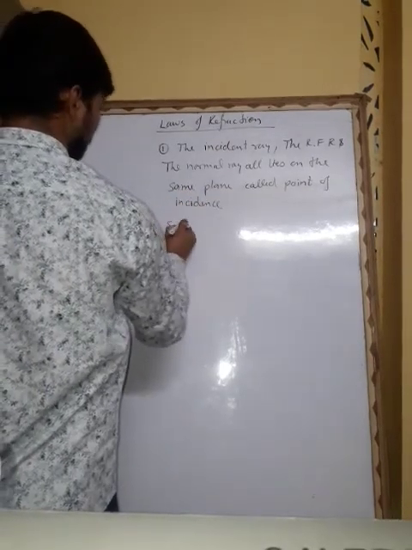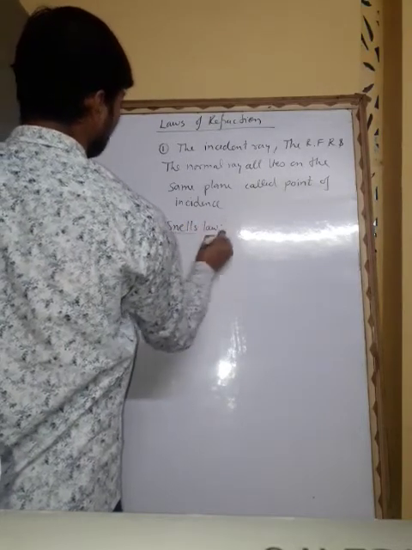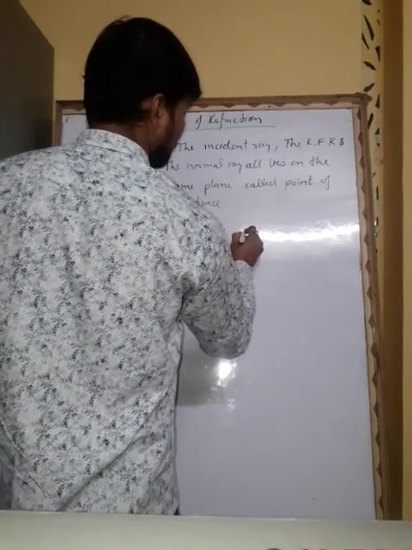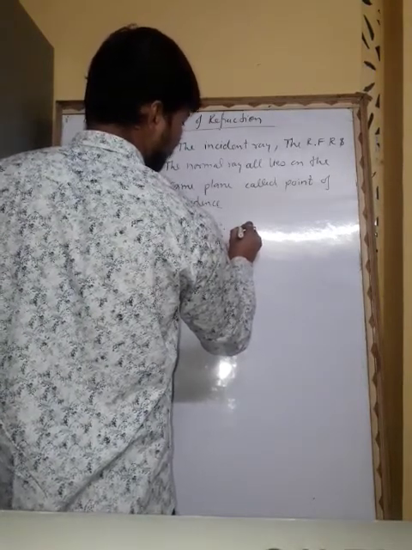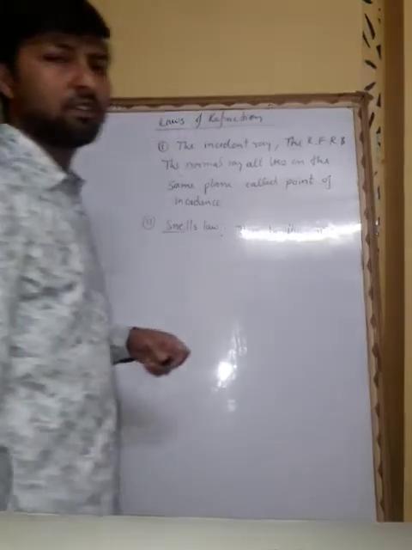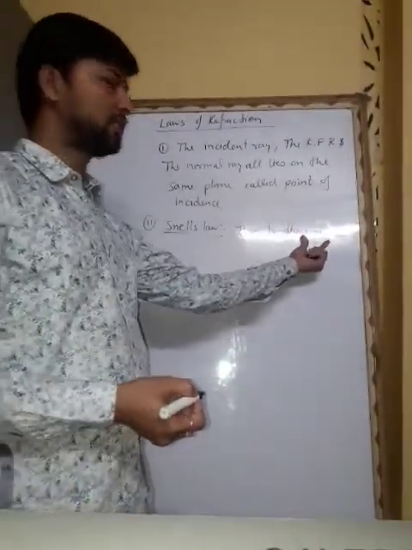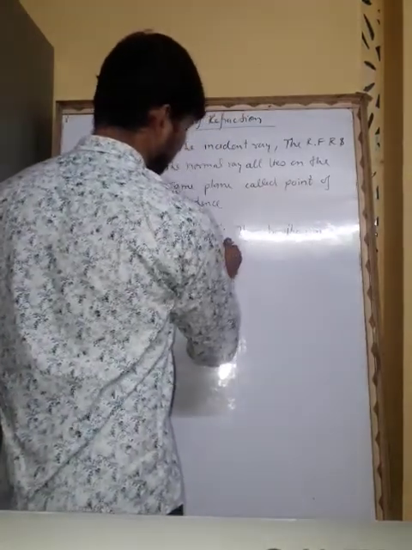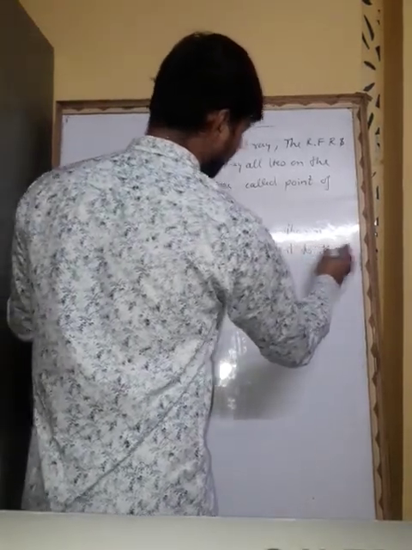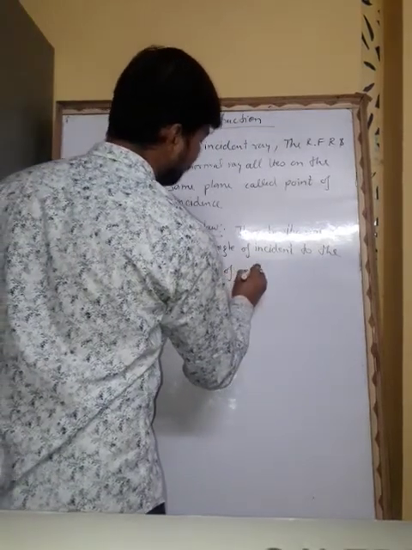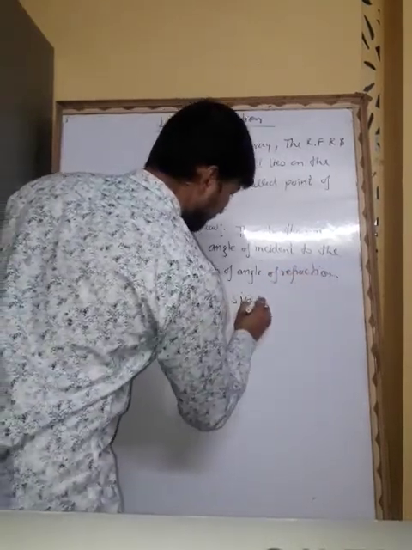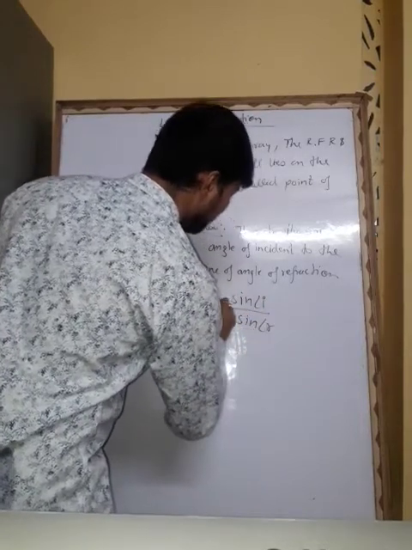The second law is Snell's law. Snell's law states that the ratio of the sine of the angle of incidence to the sine of the angle of refraction, that is sin i upon sin r, is a constant value.